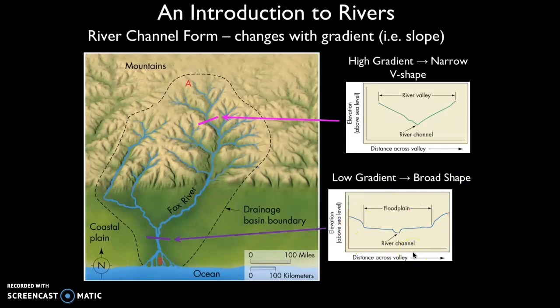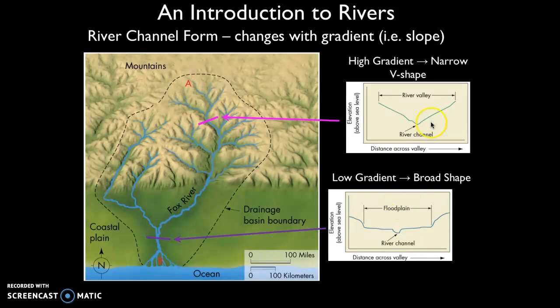Because the river doesn't have a lot of potential and the slope is fairly shallow, the river can take its time and meander around and go slowly in whichever way it wants to go. So now it's going to be a lot slower. It's not going to be able to erode as much, but rather it's going to deposit many of the particles that it eroded further upstream.